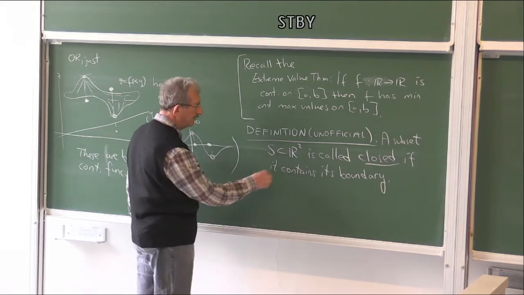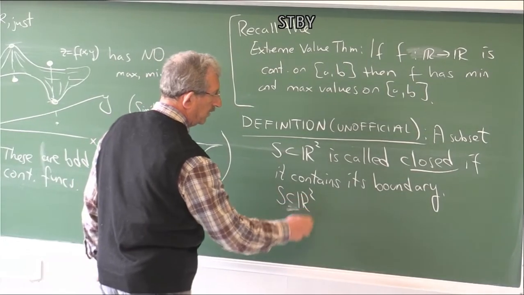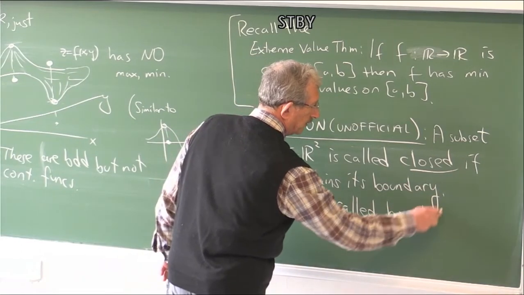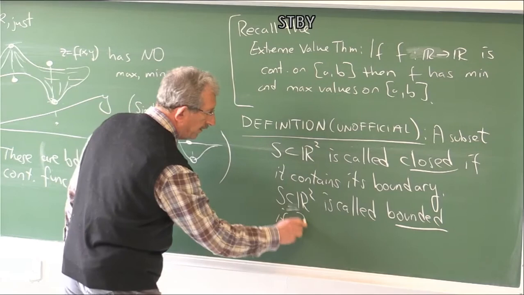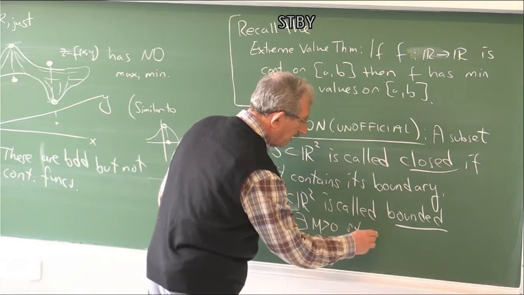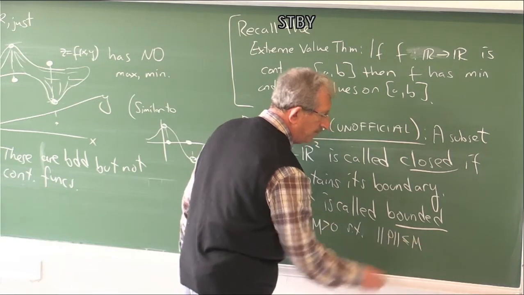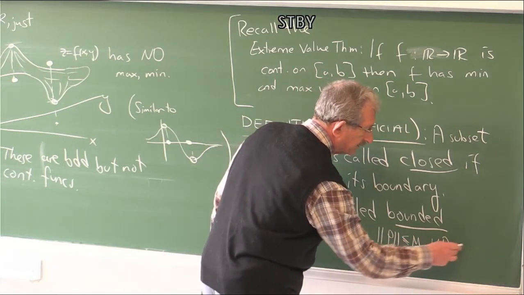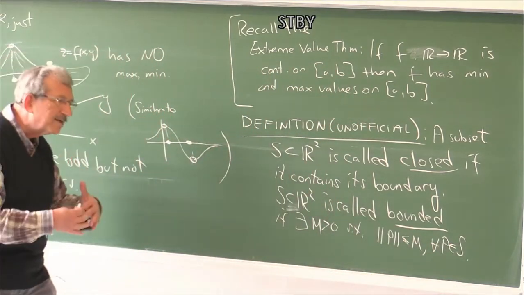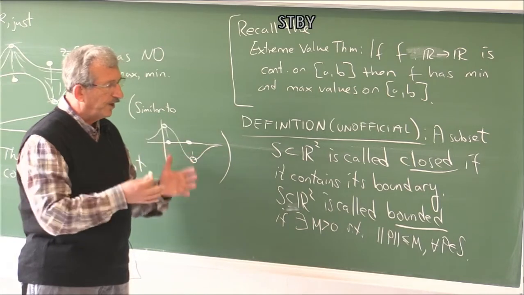And S in R2 is called bounded if there is a constant M, now this part is rigorous, such that the length of every P is bounded by M for every P in S. Basically, this says that S is contained in a disk with radius M.